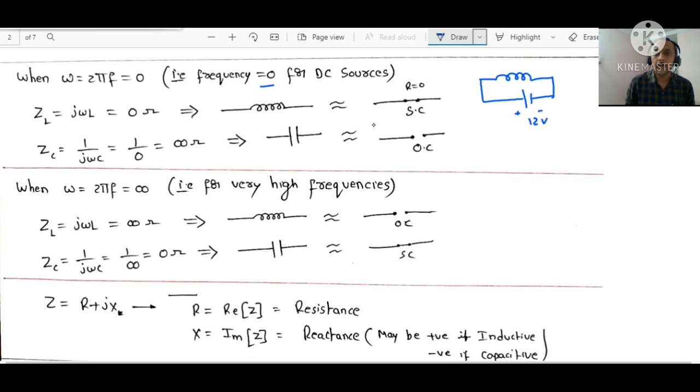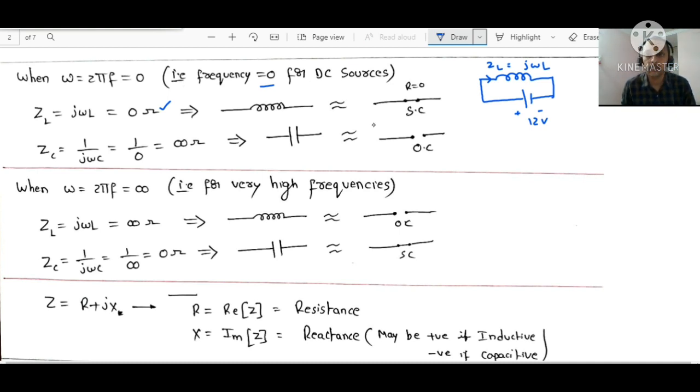Now we have just discussed the impedance of an inductor. Inductor impedance will be how much? j omega L. As and when we apply a DC whose frequency is 0, then what happens to this impedance? ZL will be 0.